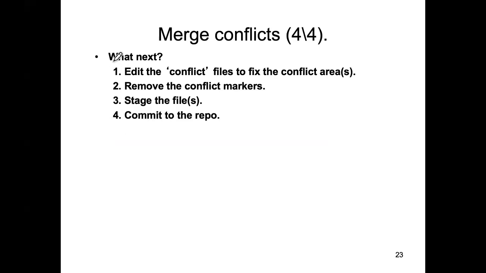So this is what you do next. You edit the conflict files, remove the markers, and then do a git add, which is the staging of the files, git add -a, or just git add the specific file, and then perform a commit.